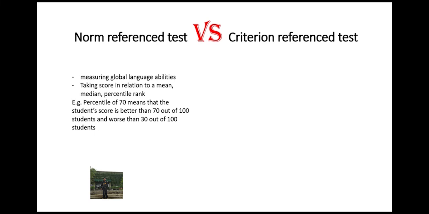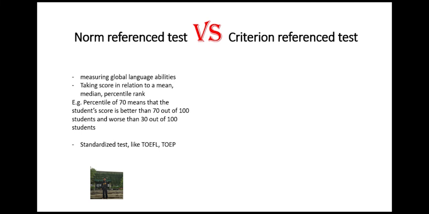Percentile rank means that it can be compared to the other students' rank. For example, among 100 students who followed the test, a student got the 70th percentile. It means that he is better than 70 of them and worse than 30 of them.